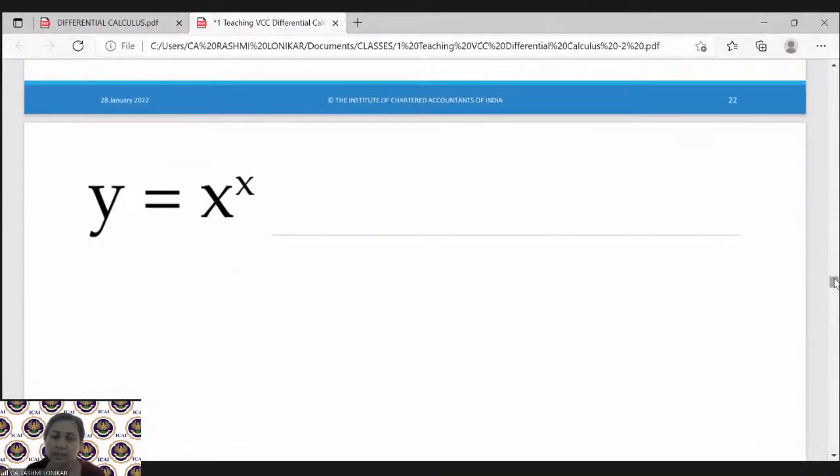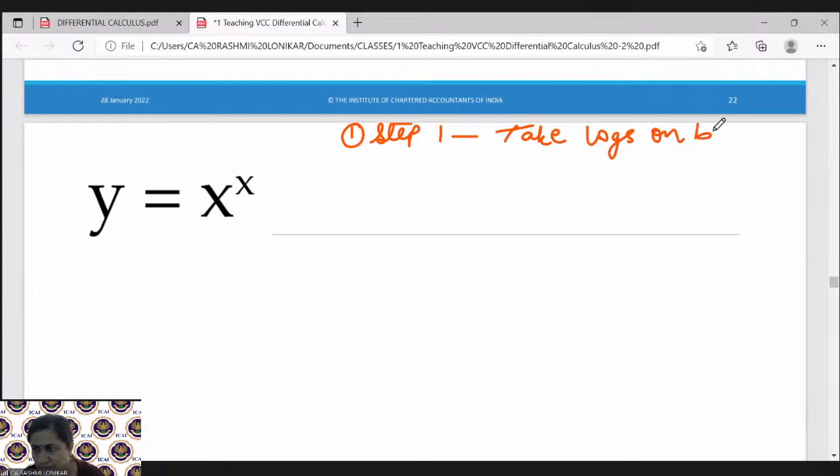Like here, y is equal to x raised to x. Okay, so step 1. In such cases, step 1, take logs on both sides. Step 2, differentiate.